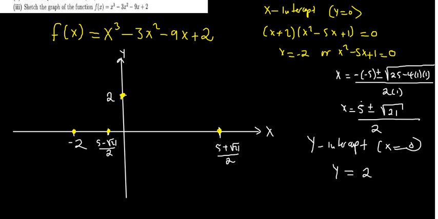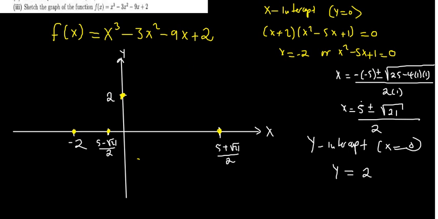I'll put 1 here. So that will be 1 minus 3 minus 9 plus 2. 1 minus 3 is negative 2, then minus 9 plus 2 gives us negative 9, meaning that when x is 1, the function is negative, so it is below the x-axis. When x is 1, the function will be somewhere down here.